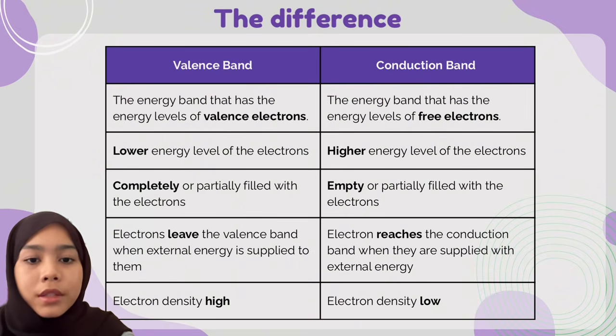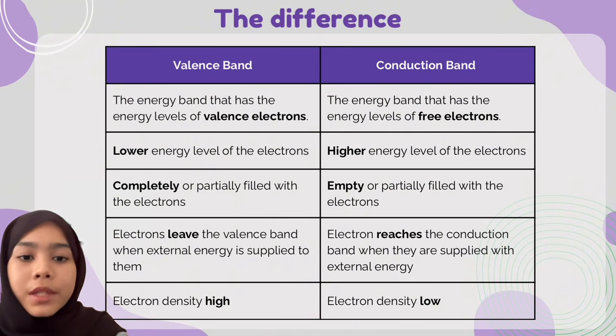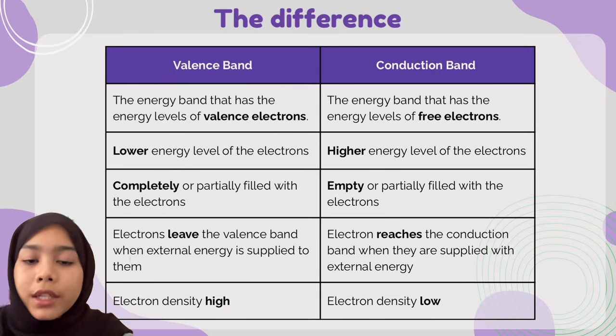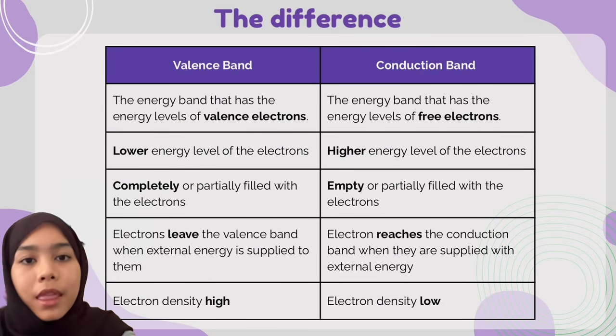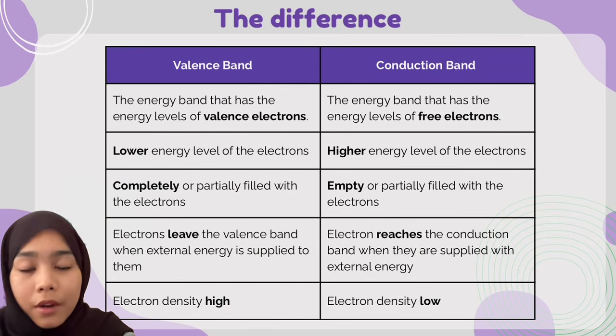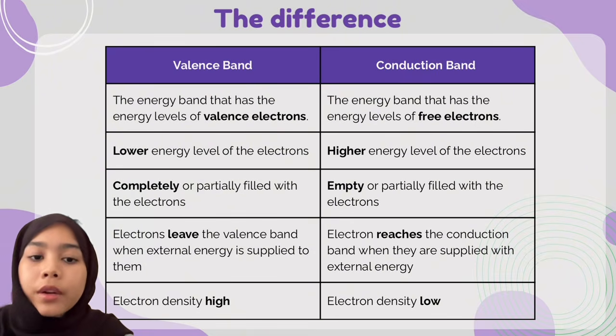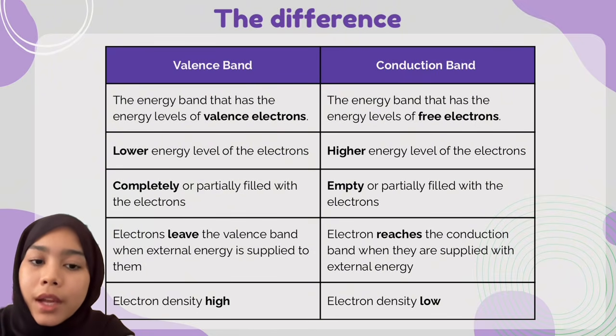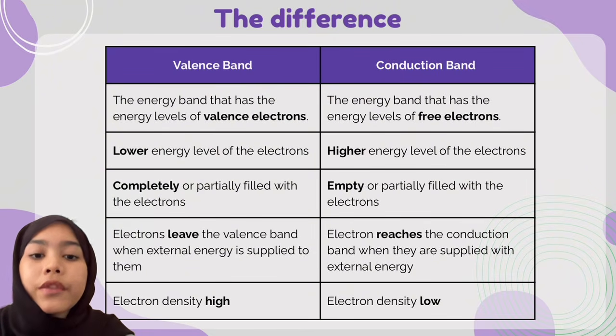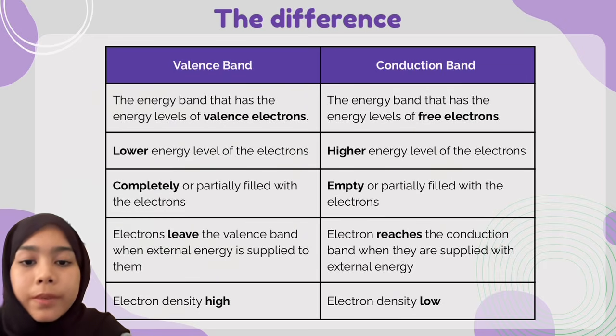I'm going to talk about the difference between the valence band and the conduction band. The valence band is the energy band that has the energy level of valence electrons. Meanwhile, the conduction band has the energy level of free electrons. For the valence band, the energy level of electrons is lower. Meanwhile, for the conduction band, it is higher. The valence band is completely filled or partially filled with electrons.